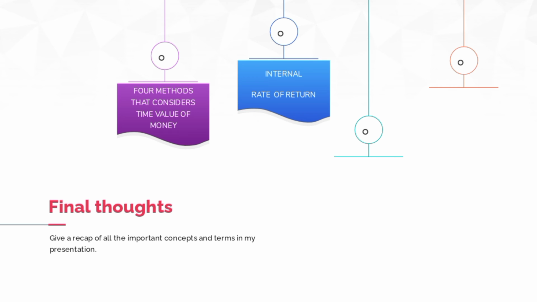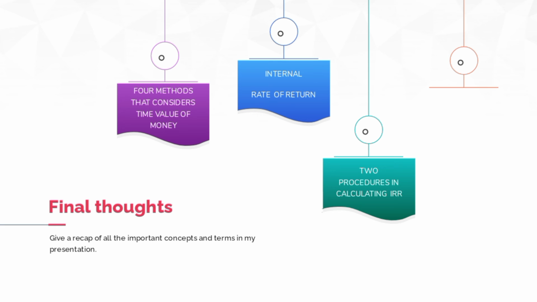It is the same as discounted cash flow rate of return, time-adjusted rate of return, and sophisticated rate of return. Actually, it is a rate wherein the net present value is equal to 0 and the present value of cash inflows is equal to the present value of cash outflows. This method is used to determine if a project is acceptable or not by comparing the computed internal rate of return to the cost of capital.